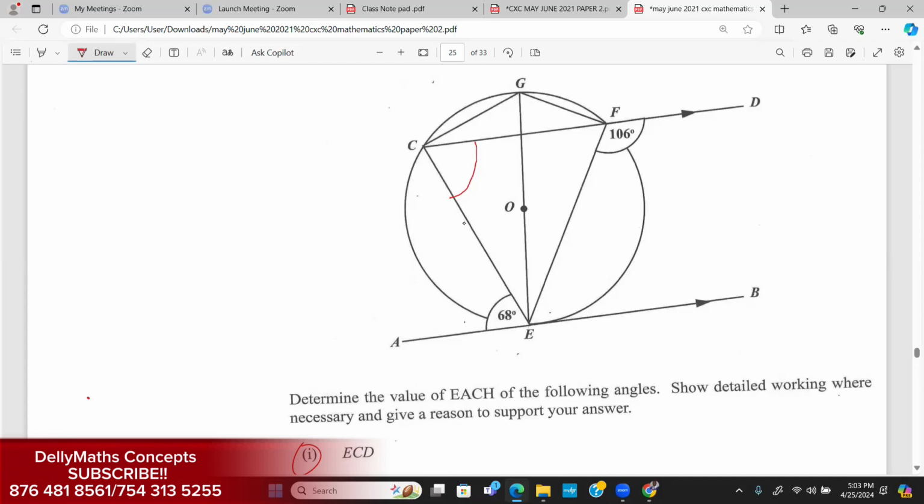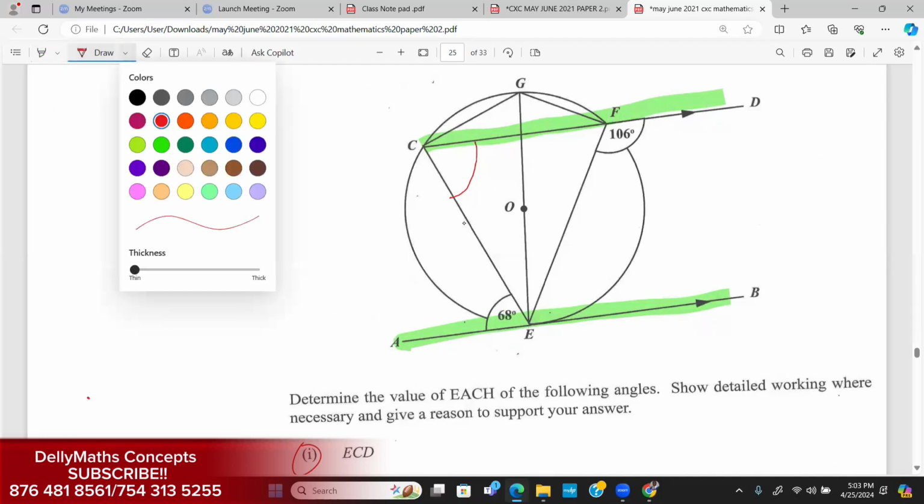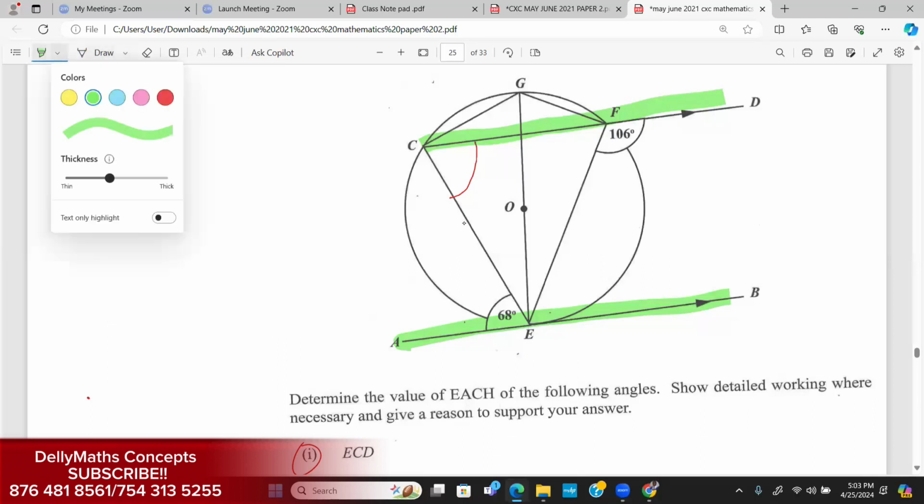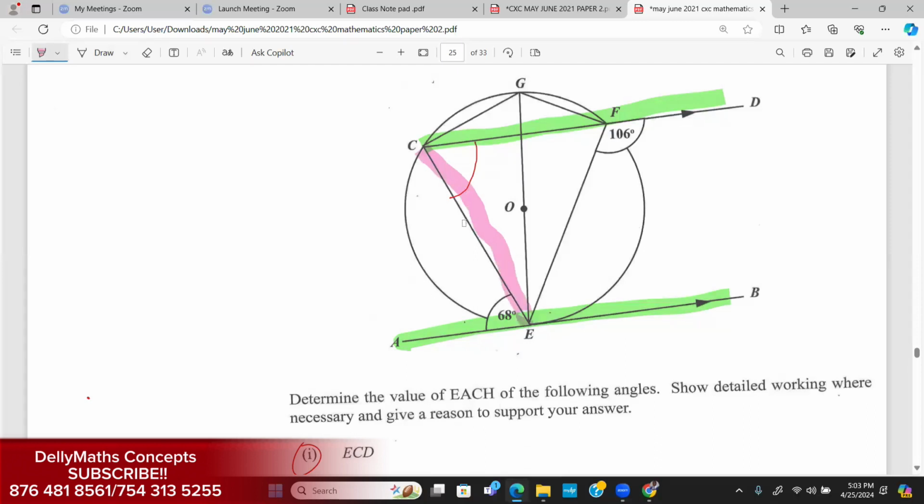As you could see, we were told that these two lines are parallel. This line is parallel to that line. So because the lines are parallel, when parallel lines are cut by a transversal, and here is a transversal right here, we have a lot of relationships going on.